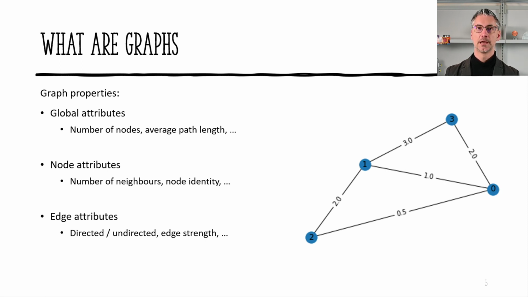Then we have the nodes, and each node also has features. There can be the number of attributes or the node identity, but also everything that is connected to the node, the properties of the entity that the node represents itself. And we have the edge features. For example, it might be a directed or undirected one, the edge strength, but there might also be other properties of these connections between the nodes.